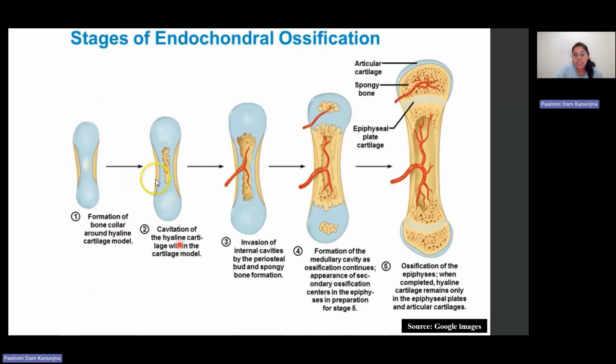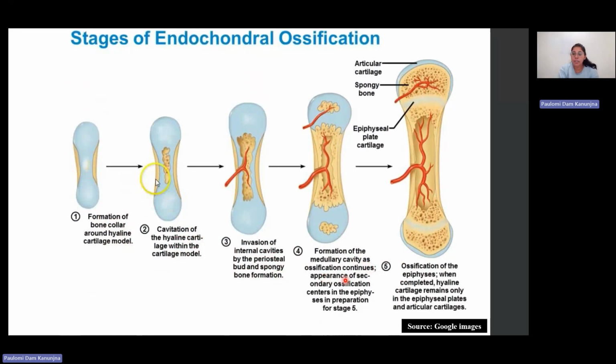So you have the bone formation around those cartilage. The first thing that happens is cavitation of the hyaline cartilage. So the first thing is there is a cavity formation. Now, in that cavity, you have invasion of internal cavities by the periosteal bud and spongy bone formation. So the first thing that will happen here is invasion by a bud, which is what will give rise to your bone, and then begins the spongy bone formation. After some time, you will then have a medullary cavity as the bones keep forming.